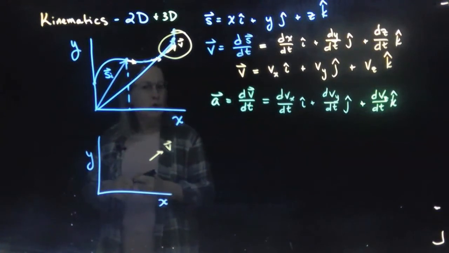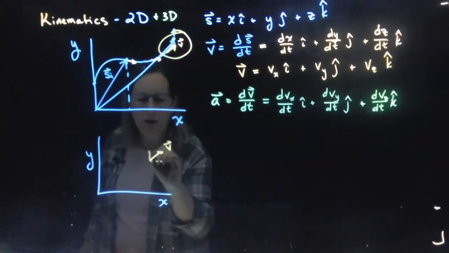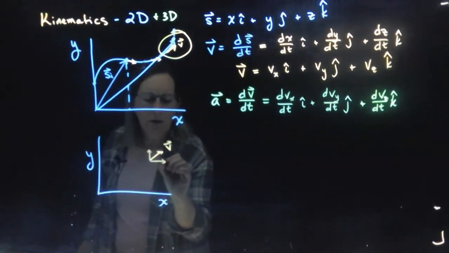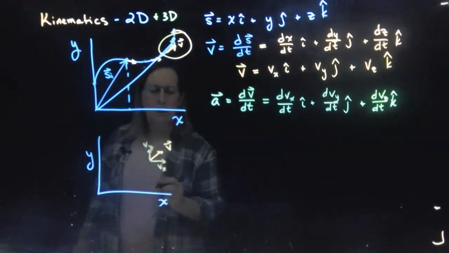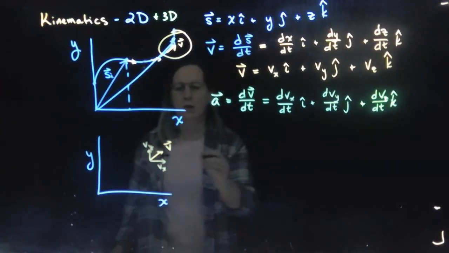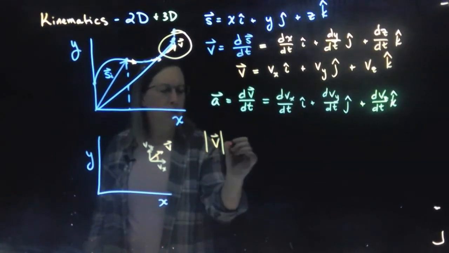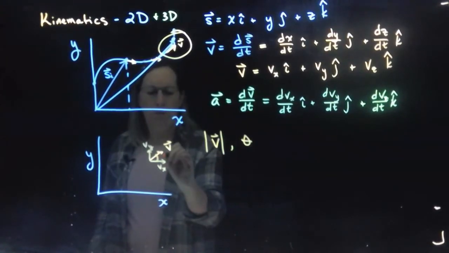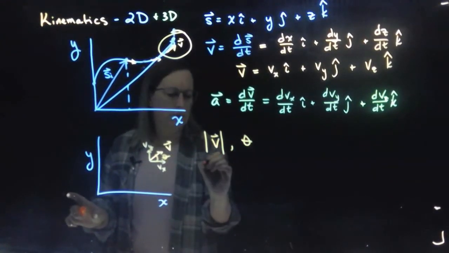Then we can do our component part, which is we can divide it up like this, right? It has vx and vy. And so we can describe this v as having a magnitude and a direction given by theta, right? Or it can be given by components, Vx and Vy.